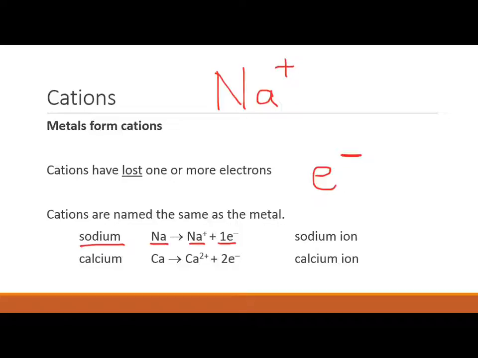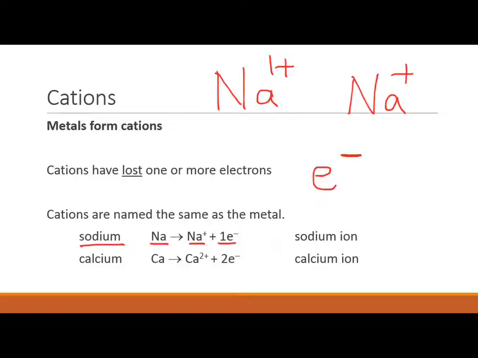That's how I'll typically write it. Some people will write it as a 1+. Some people will write it as a +1. It does not matter, okay? But anytime you just see something with just a plus sign, that means that you have a +1 charge.